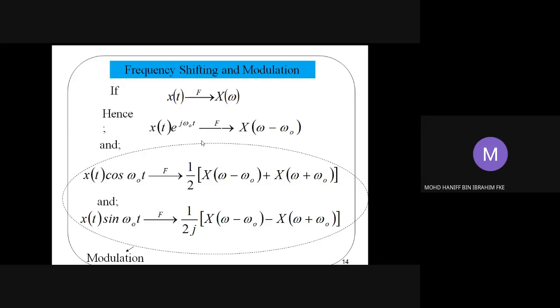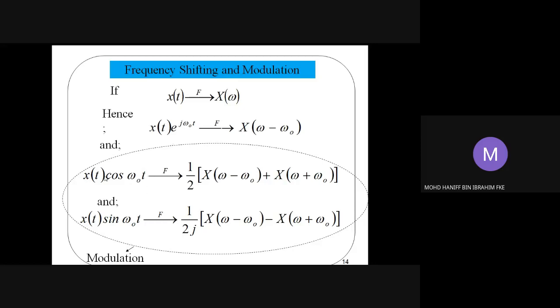Okay, and then continuing from this frequency shifting, we can also have a case whereby x(t) is multiplied by cos(omega naught t). So cos(omega naught t) can be written in terms of exponential j omega naught t by using Euler's relationship. We have learned this in chapter 2 before.